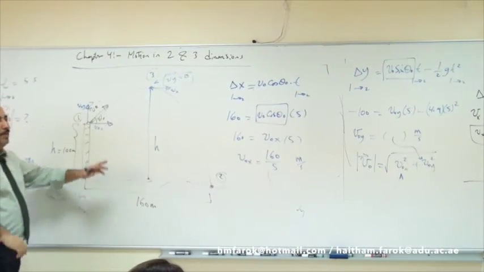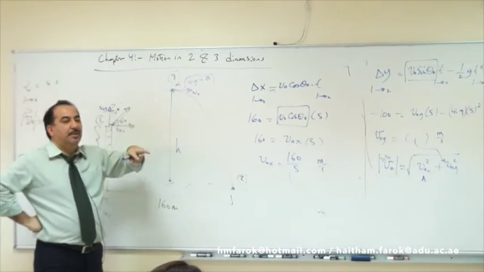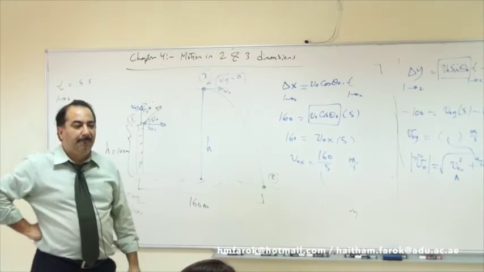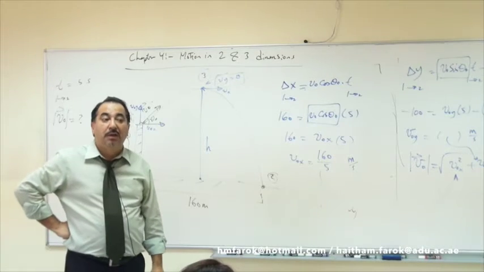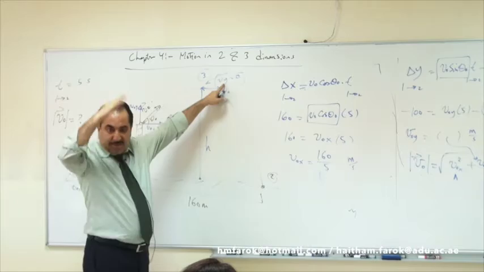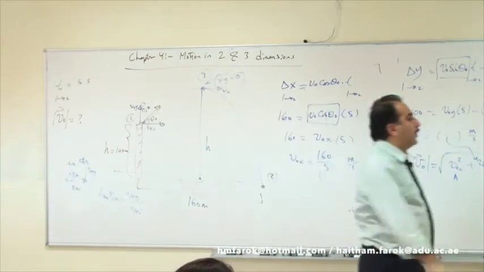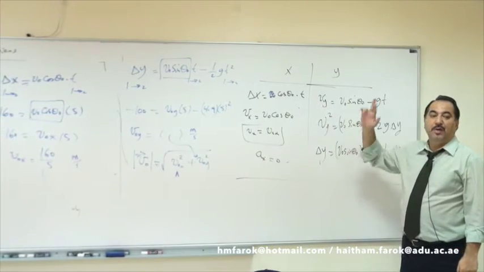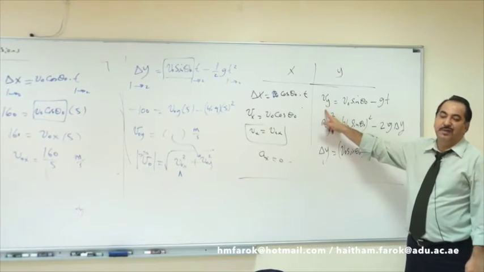Right, now what do you have to do between 1 and 3? Do you do vertical or horizontal? Which one is easy? Vertical. Why? Because you know Vy here is 0. So if I apply maybe equation 1, 2, or 3 between 1 and 3, what do I put for Vy? 0.